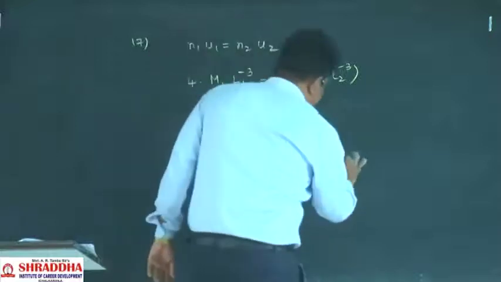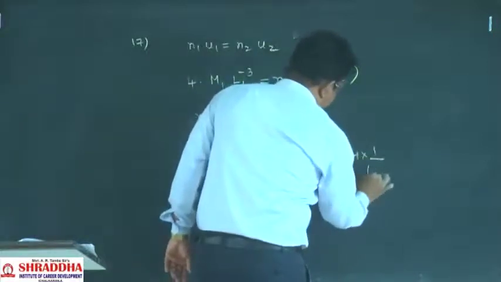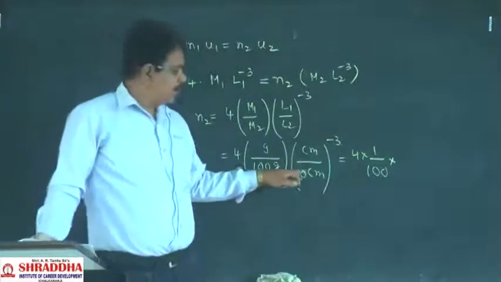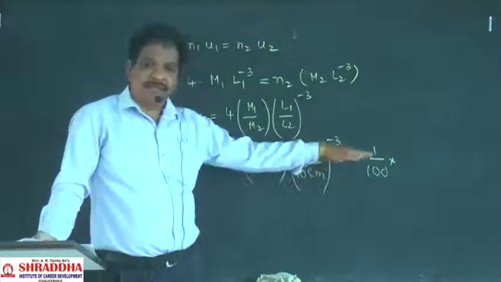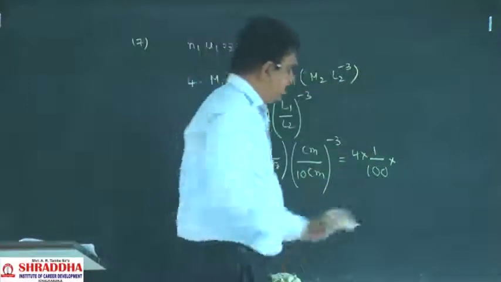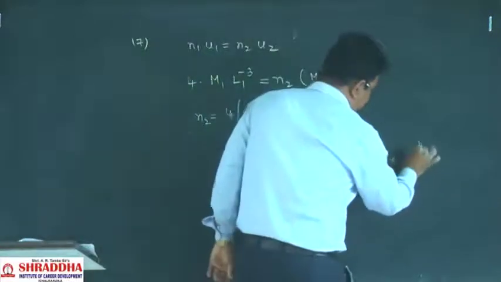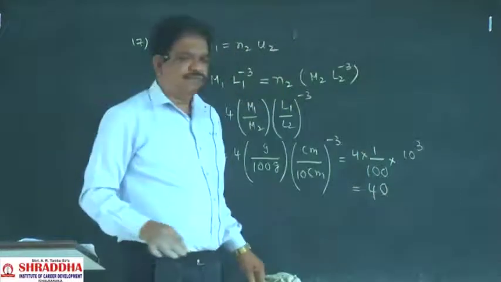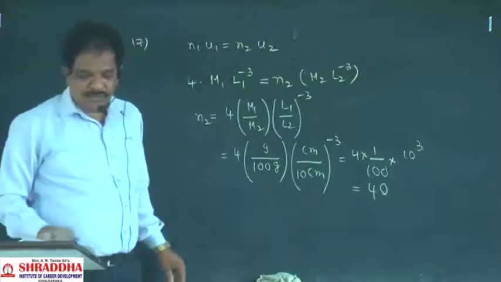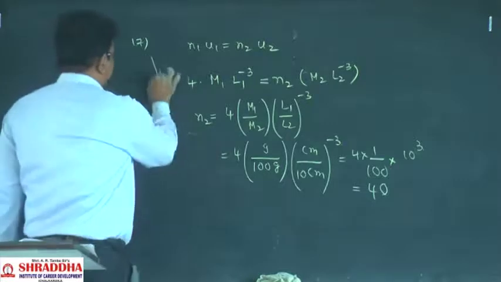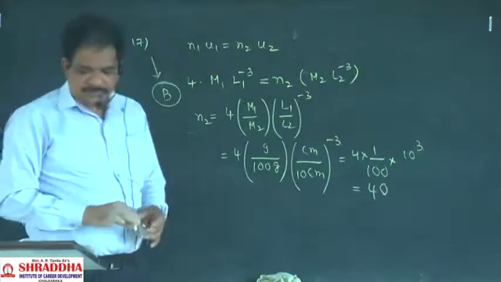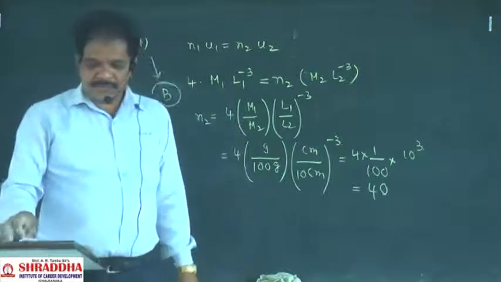So this will be 4 into 1 by 100. This is 10 power minus 3 in the denominator. It will go to 10 cube. This will be 40. Okay. 17th, it will be B. Next.